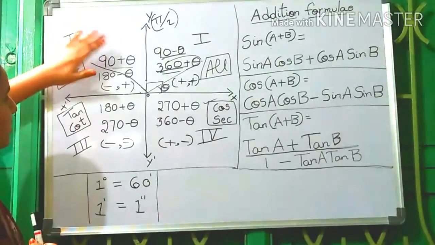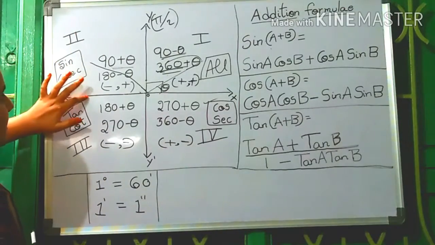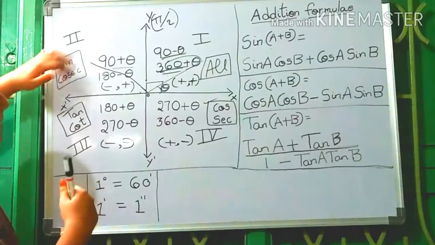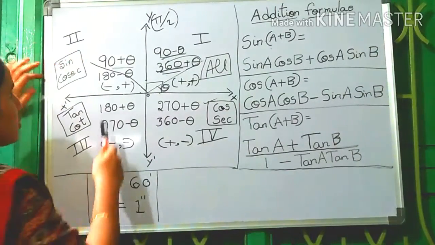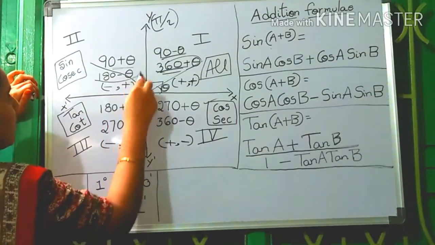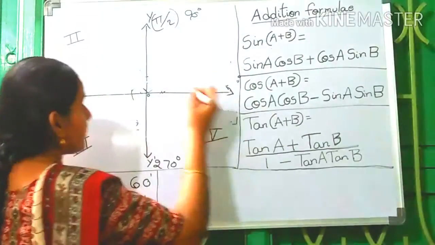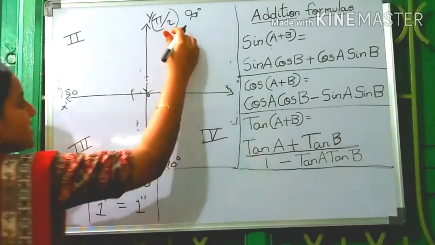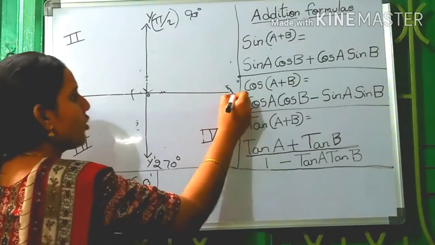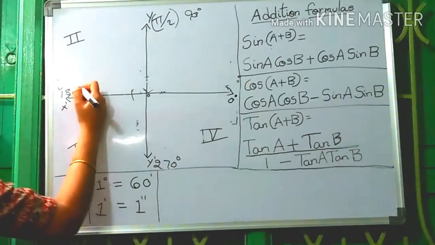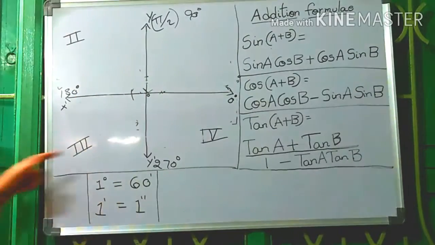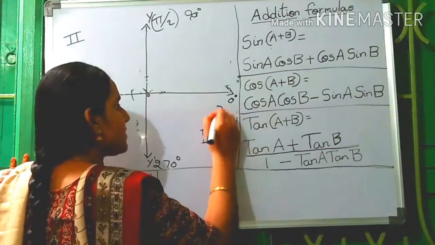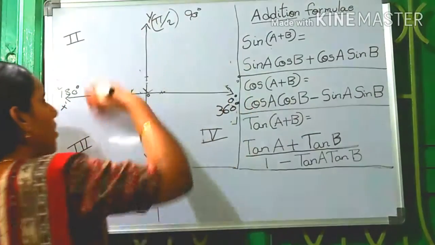The angles in the second quadrant are generally a bit less than 180 degrees, so they can be mentioned as 180 minus theta. This axis makes 90 degrees with x-axis. So, these are 0 degrees, 90 degrees, 180 degrees, 270 degrees, 360 degrees, and so on.